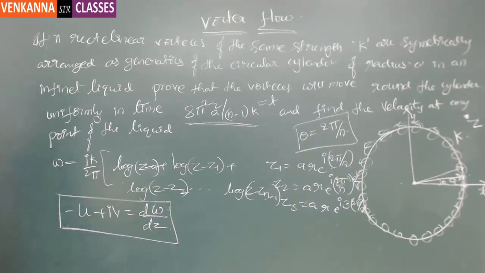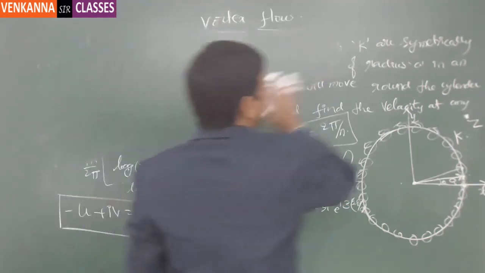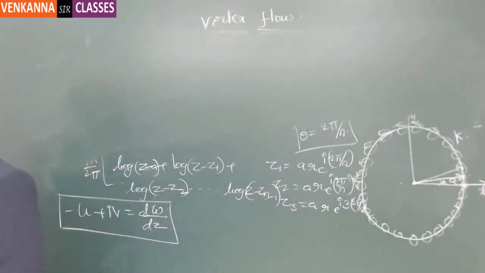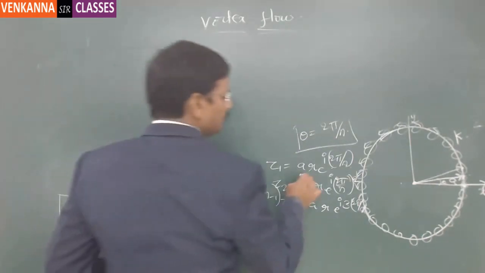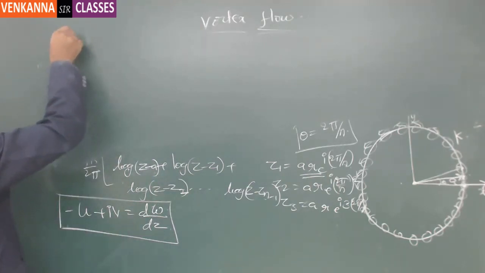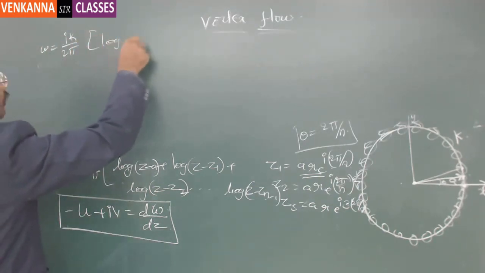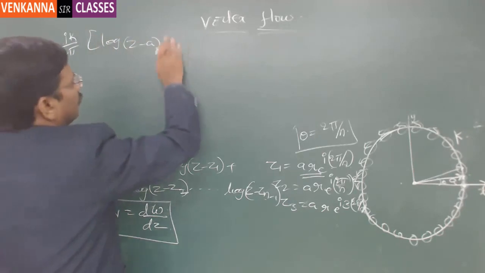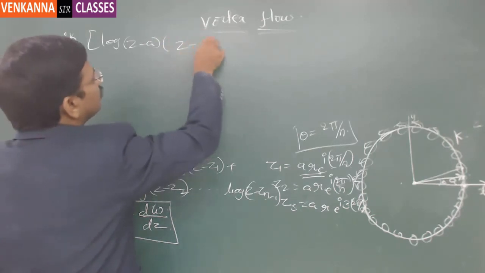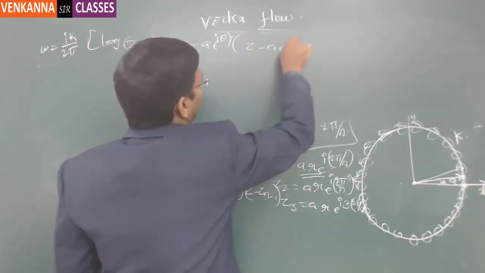Now let me take the action. Now this complex potential: this is A times R e power I theta. So W is equal to Ik by 2 pi times log Z minus A, and in between there is a plus, so plus Z minus A e power I theta, Z minus A e power I 2 theta.